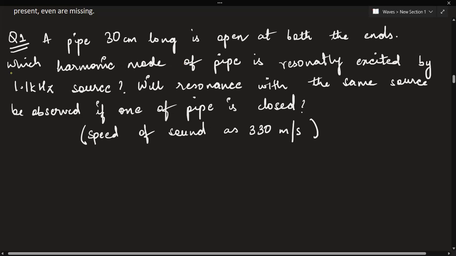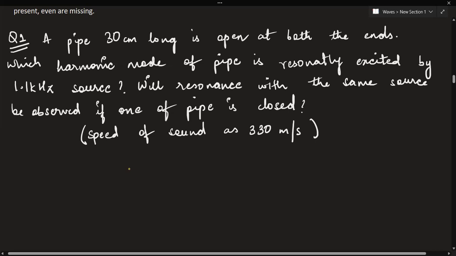It asks which harmonic mode of the pipe is resonantly excited by a 1.1 kilohertz source. According to the unit you can identify that this is the frequency. It asks will resonance with the same source be observed if one end of the pipe is closed.